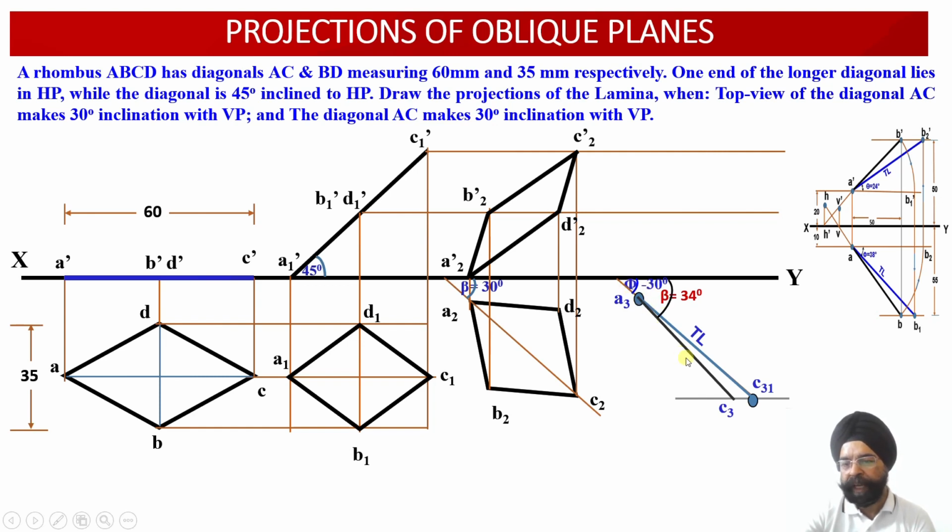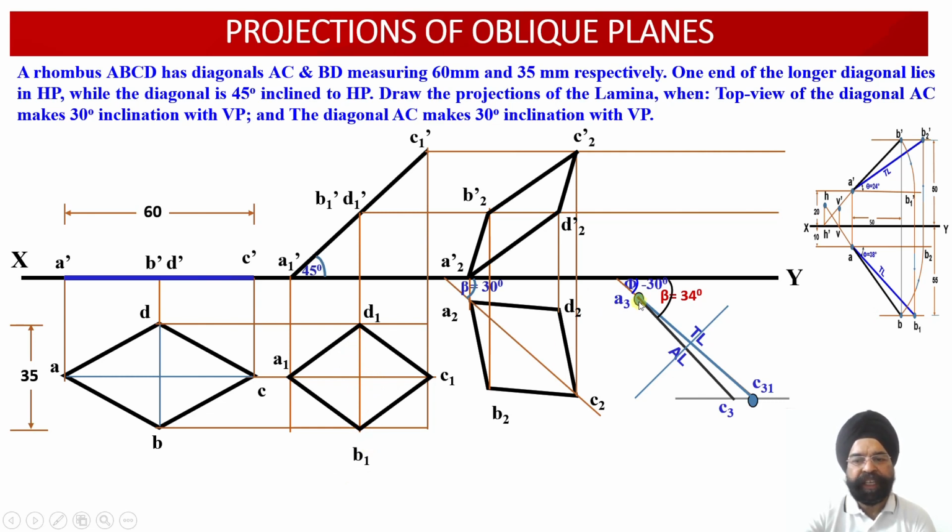Having obtained this angle beta, now I need to transfer this figure, which was obtained after the inclination of the edge view with respect to the horizontal plane. So this is my plan projection view, which I have to transfer over here. Once again, similar to this view, I will draw a vertical projector line to indicate this point.